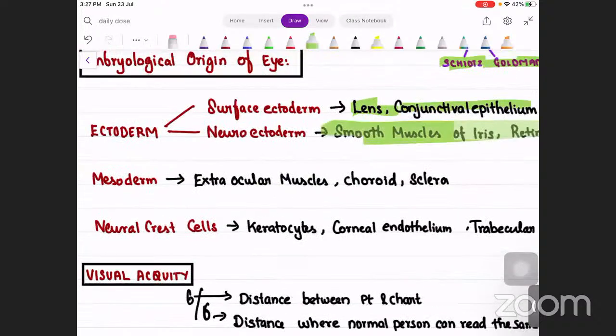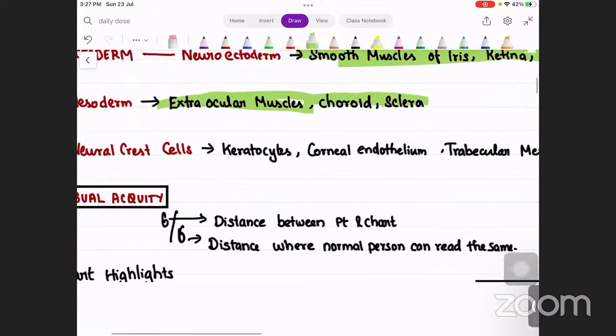Then you have the mesoderm, where you may see the extraocular muscles, choroid, and sclera. Lens, conjunctival epithelium, and corneal epithelium are surface ectoderm.